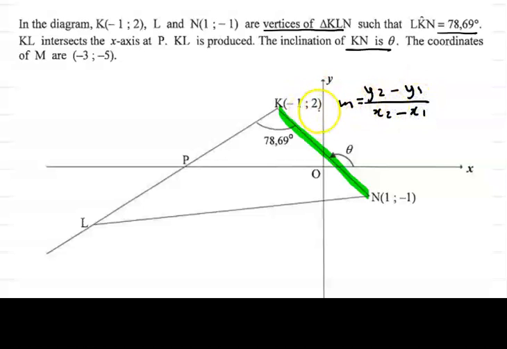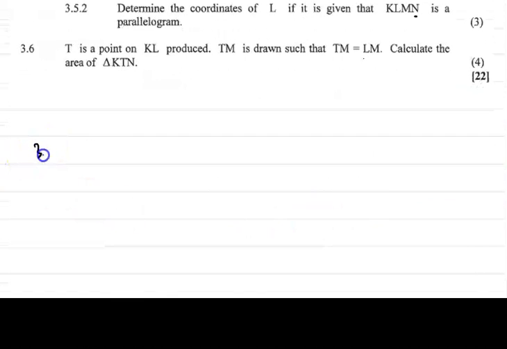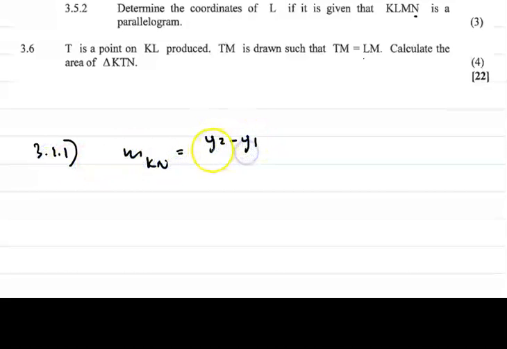So basically I'm just going to say 2 minus -1 all over -1 minus 1. So let's go write that answer down. 3.1.1, gradient of KN. Let's write the formula again, y2 minus y1 all over x2 minus x1.